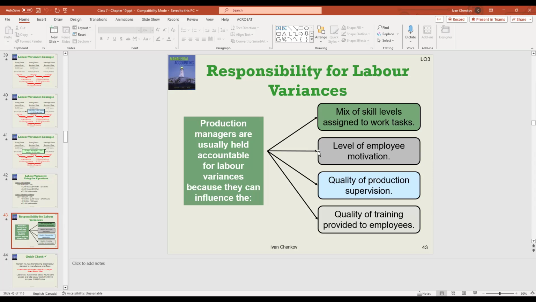First, he has to train the employees, increasing the quality of the training in order to reduce the hours that they're spending in production. He has to increase the quality of the production supervision, so he has to be more efficient in monitoring the employees.